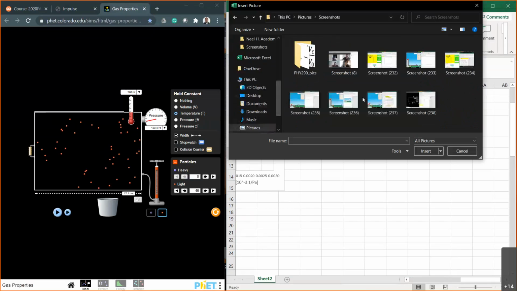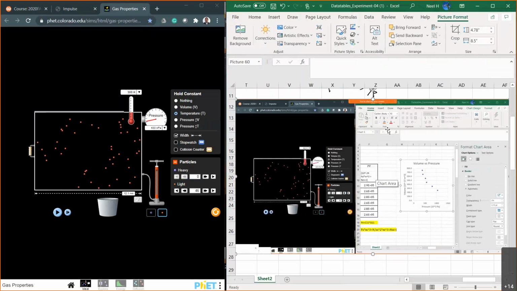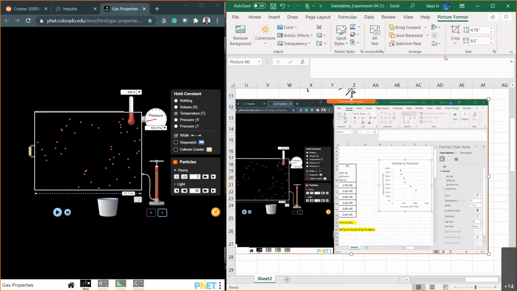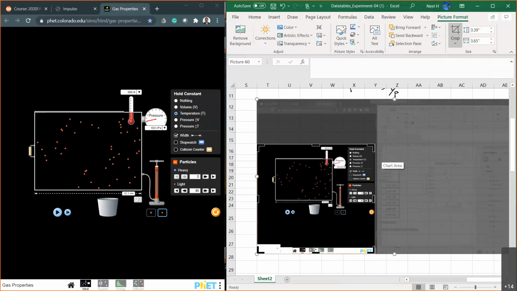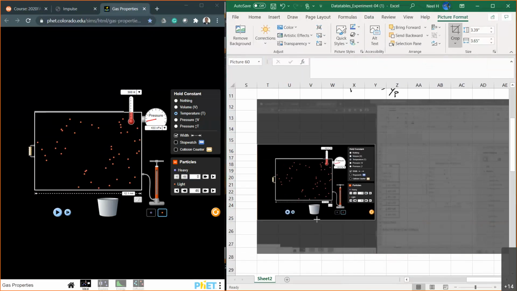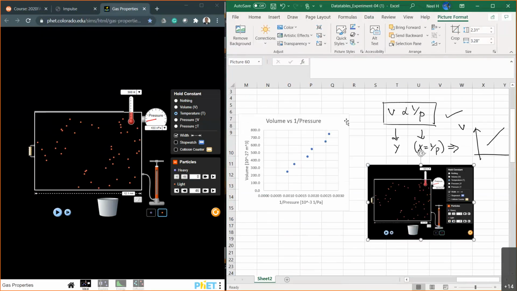Usually those go to the screenshot if you have a Windows machine. If not, you need to find that in the pictures, okay? Then crop out anything unnecessary, and leave only the area of the simulator we are using. Other areas we don't need. Okay, so that's our picture for this simulator.